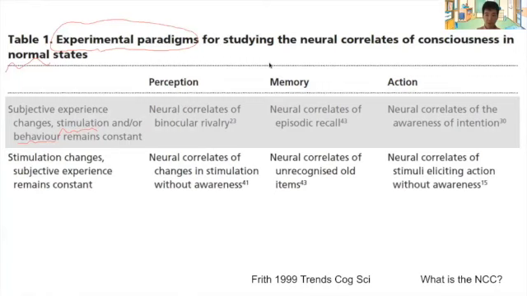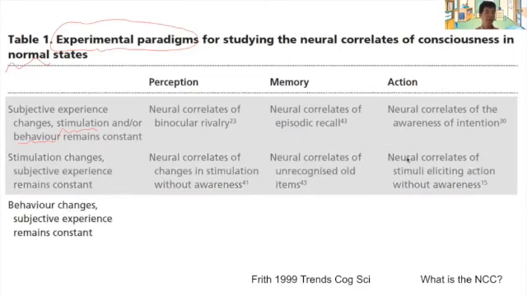neural correlates of stimulus eliciting action without awareness. Here, you present some kind of priming stimulus, that you're not aware of, but your behavior changes, and you remain subjectively unaware of the stimulus. Again, some of your unconscious processing literature in the journal club is categorized in this category.